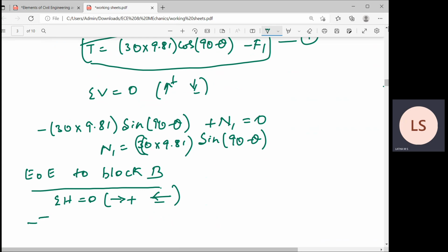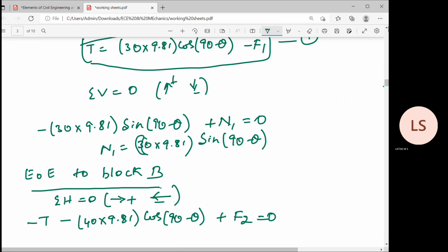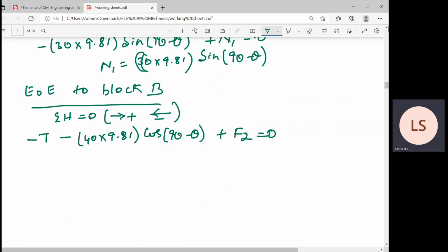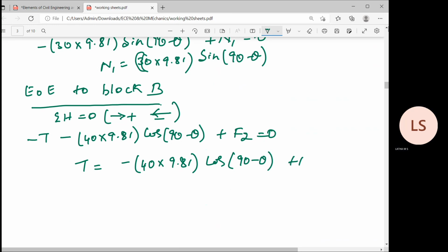So I'll take it as minus T. Weight of the block is also minus 40 into 9.81 into cos(90 minus theta). And the force F2 is equal to 0. Or I can call it as T is equal to minus 40 into 9.81 into cos(90 minus theta) plus F2.